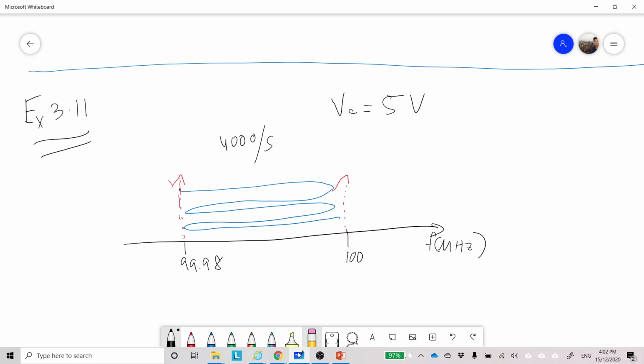So the first question asks two things, FC and also FM. The value of FC is located at the center of the carrier swing.